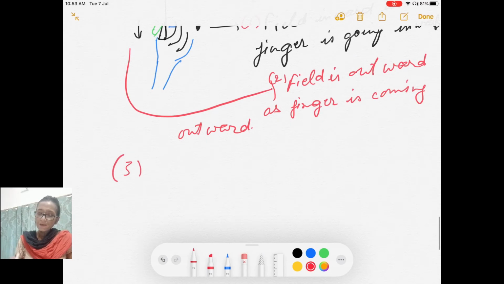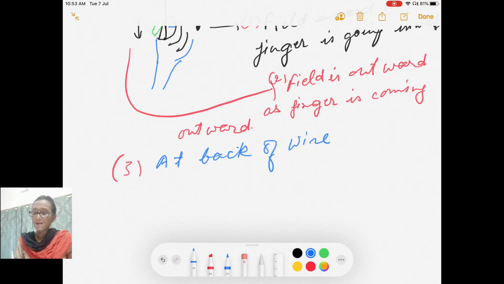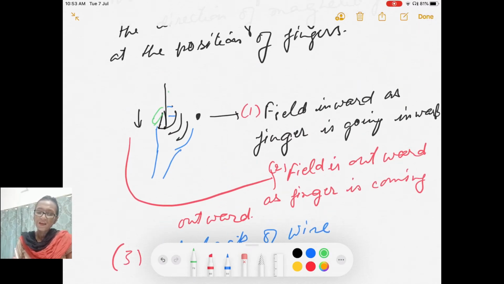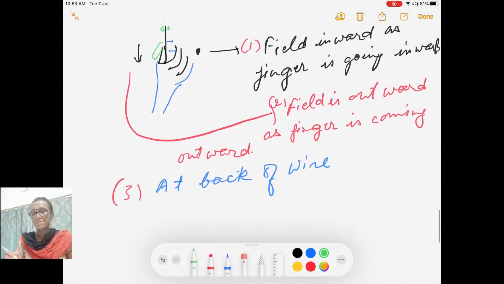And at the back, the third point, at the back of the wire, somewhere here, I am taking a dot backward.